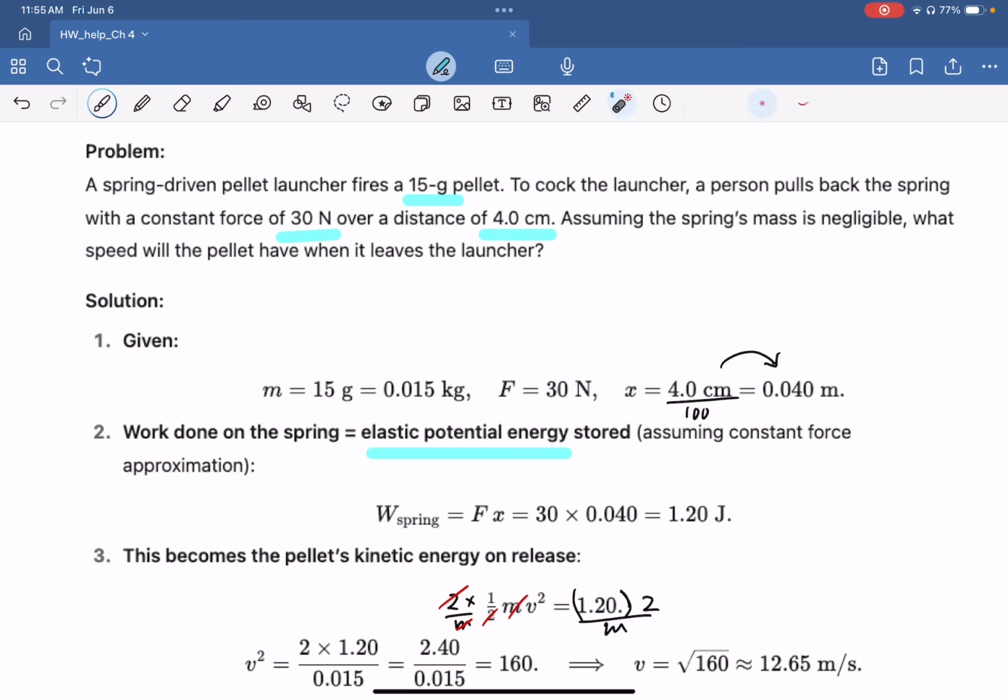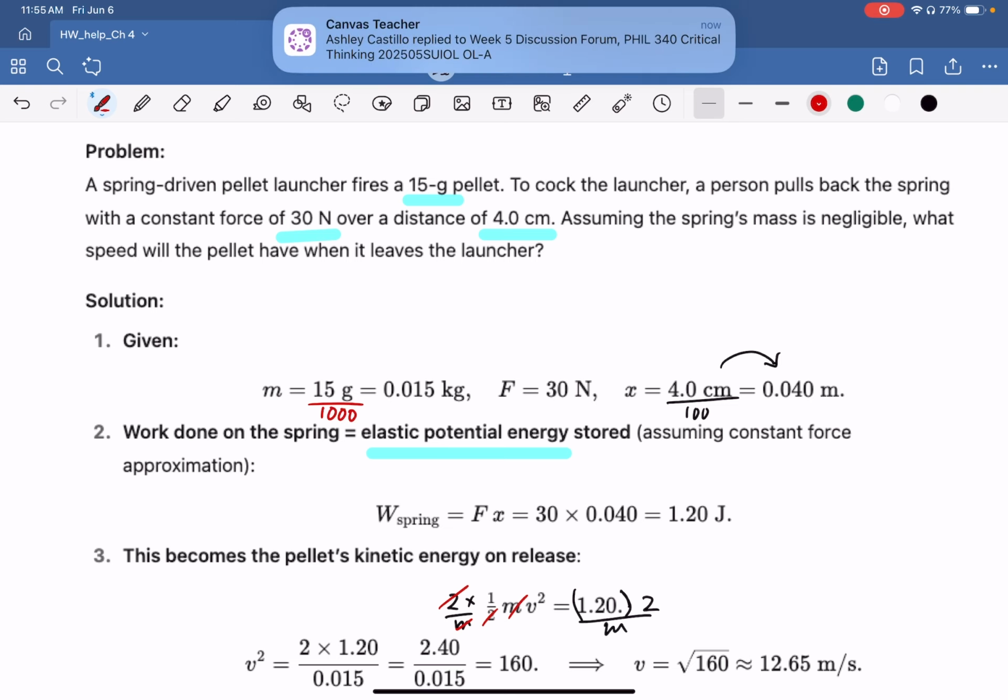That's why you have this quantity there. Look at that, 2 times 1.2. Oh, by the way, the 15 gram had to be changed into kilogram, and that's done by dividing it by 1,000, because 1,000 grams is 1 kilogram. So that's how we get that.